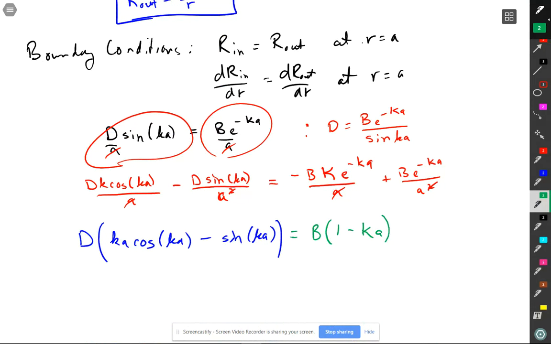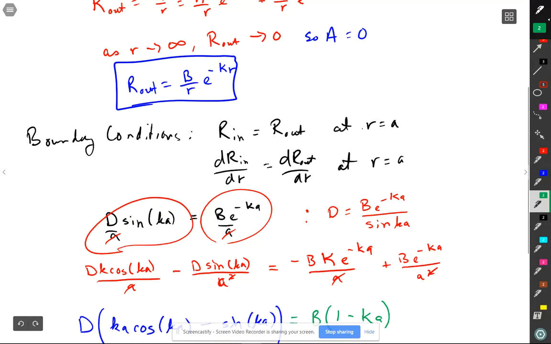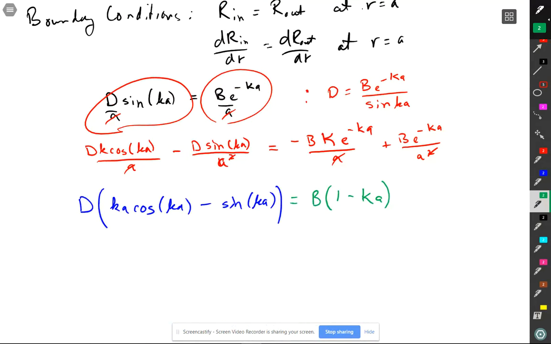Oh, this lower one is my second boundary condition. One of these should be plus and one of these should be minus. I'm kind of wondering if I made a mistake here, because I have minus signs on both terms here, and it should only be on one term, right? Yeah. So maybe I didn't make a mistake yesterday. I made a mistake in my solution.